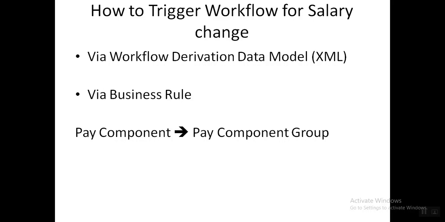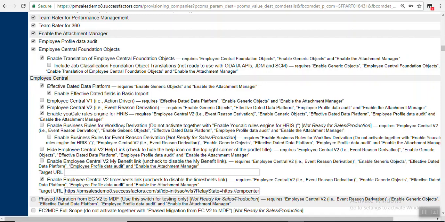So how to do that? Let's do it first via workflow derivation data model in XML. Within company settings, we can find this option, enable UCalc rules engine for HRIS.